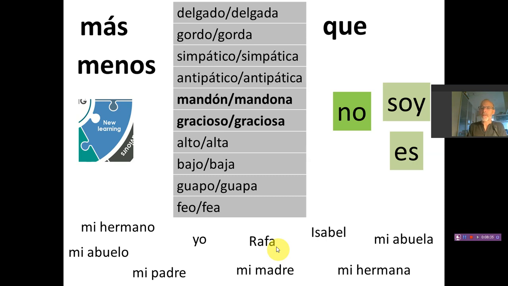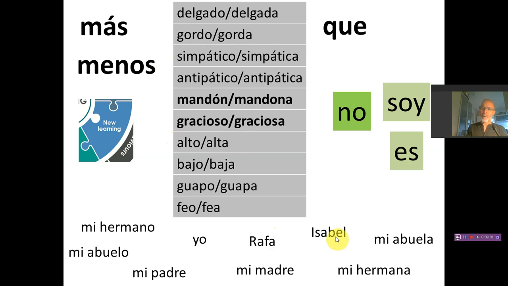We have to say more tall than. So it's the same pattern always. It's más alta, or sorry, más alto que. Más alto que. So Rafa is more tall than Isabel would go Rafa es más alto que Isabel.